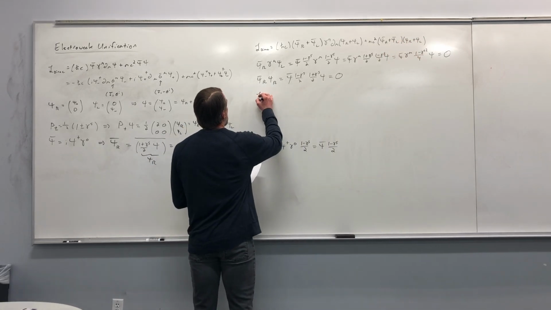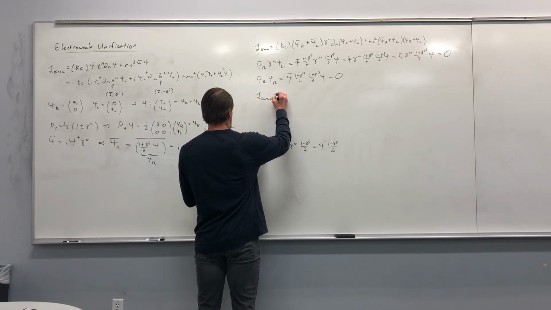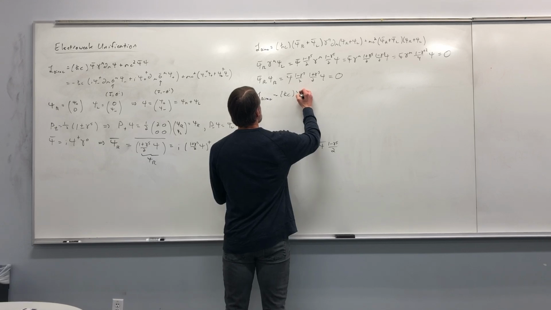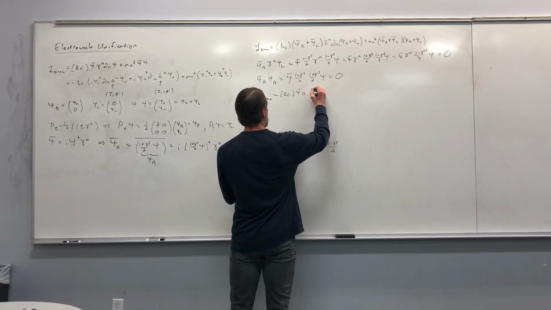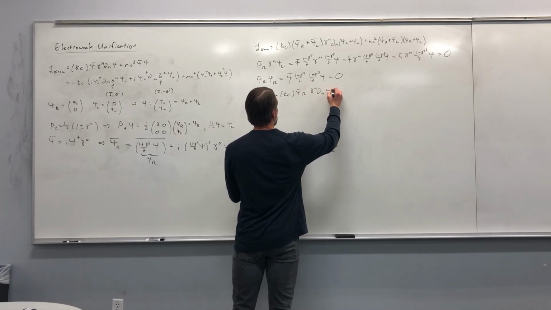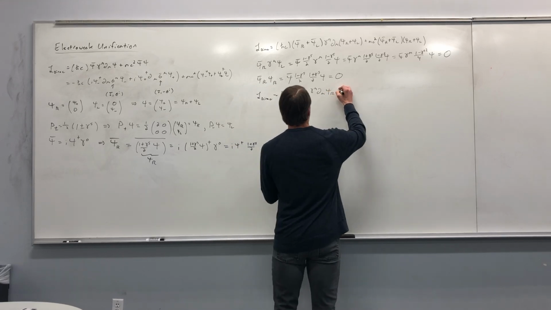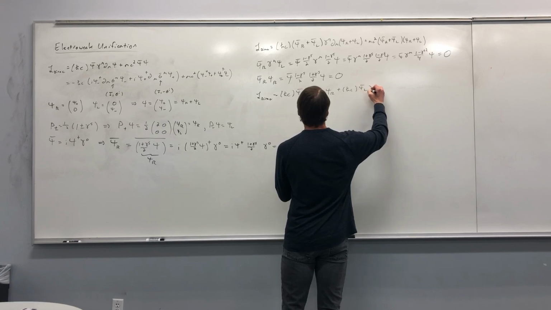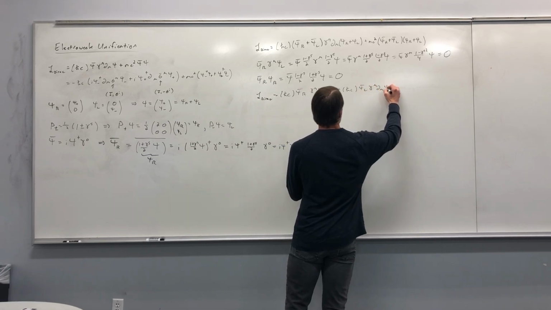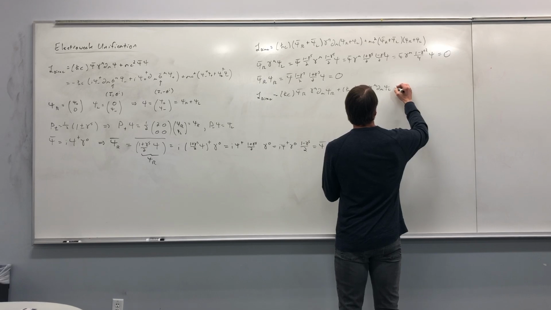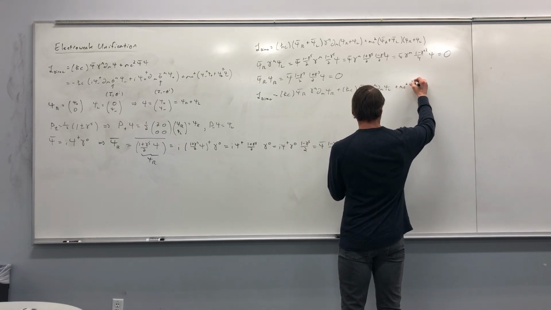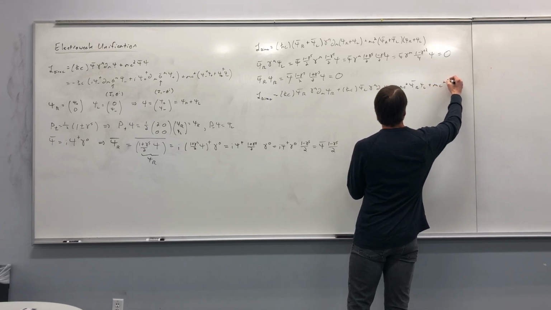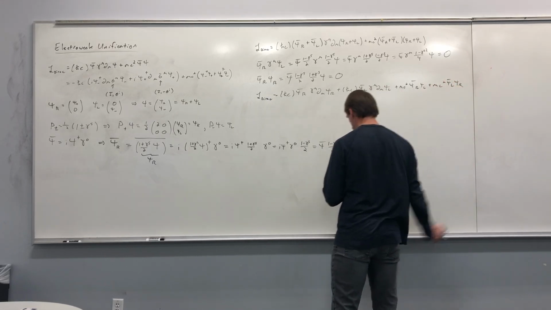So at the end of the day, our Dirac Lagrangian simplifies to h bar c psi bar right gamma mu d mu psi right, plus h bar c psi bar left gamma mu d mu psi left, plus mc squared psi bar right psi left, plus mc squared psi bar left psi right.